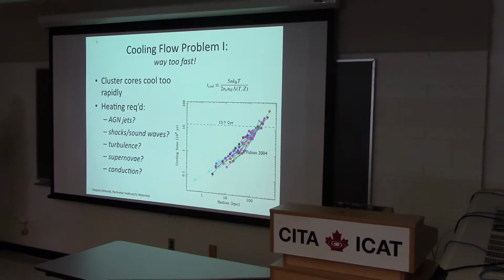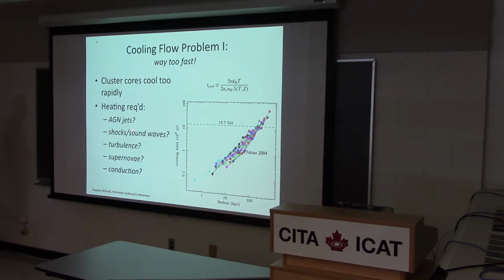The obvious answer is you need some heating to keep them there. But nevertheless, it should be a very fine-tuned situation because the cooling happens very, very rapidly and across many, many temperatures and everywhere. To keep the hot gas there, you have to compensate that everywhere across the ranges of temperatures, basically in space, time, and temperature.